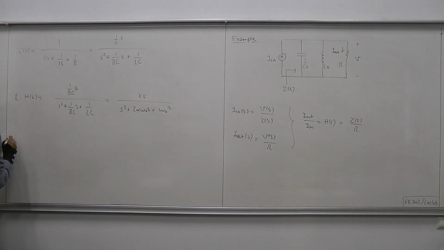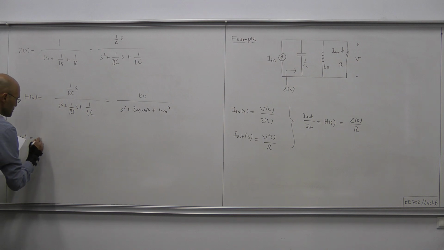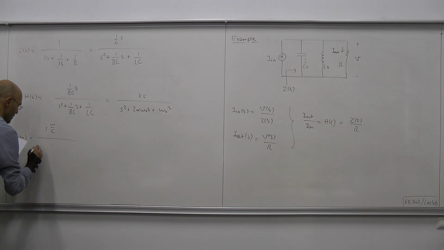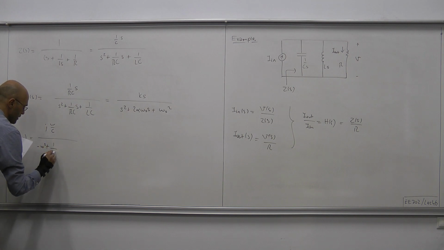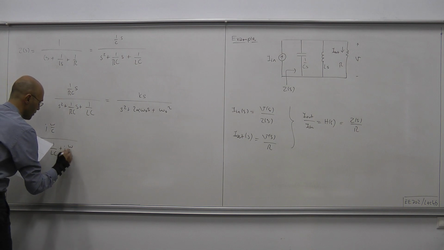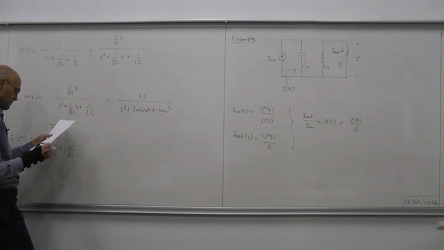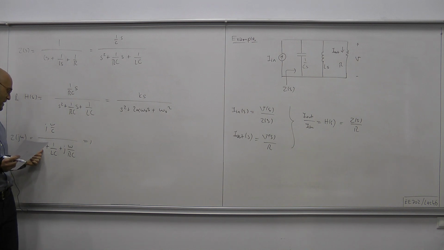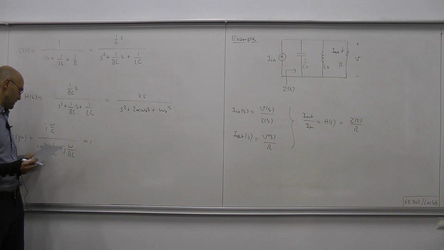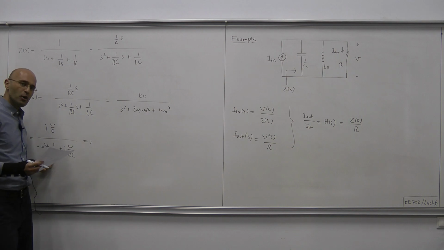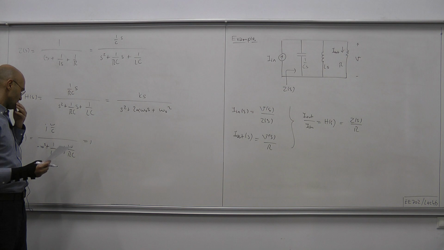So Z of j omega equals j omega over C divided by minus omega squared plus 1 over LC plus j omega over RC. From this it's clear that when omega squared cancels this 1 over LC, minus omega squared cancels this 1 over LC.